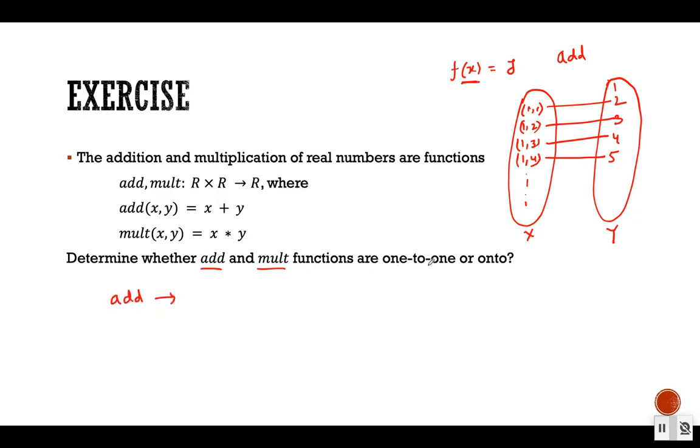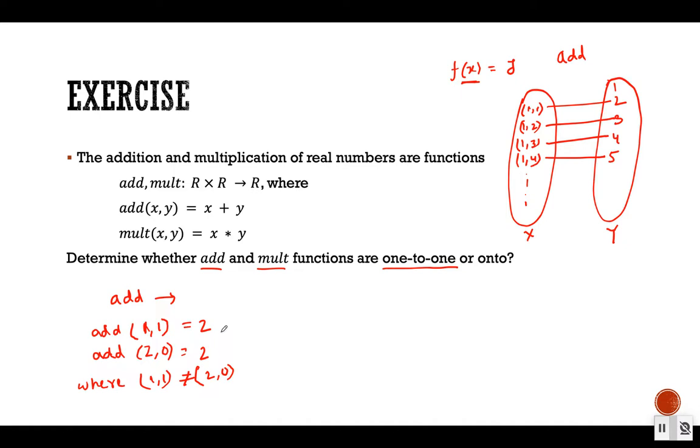As we know, the function is one to one if for every different input the output is different. Now let's find out for addition. Add (1, 1) equals 2, and add (2, 0) is also 2, where (1, 1) is not equal to (2, 0).